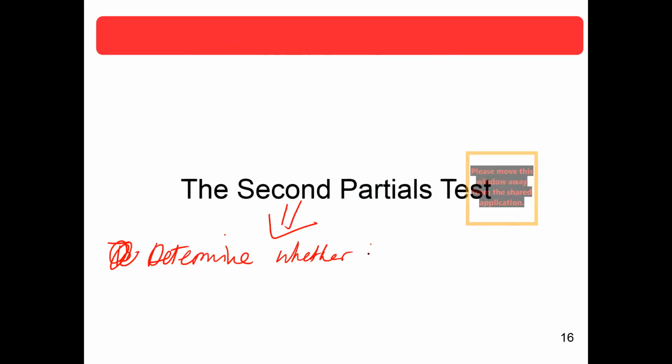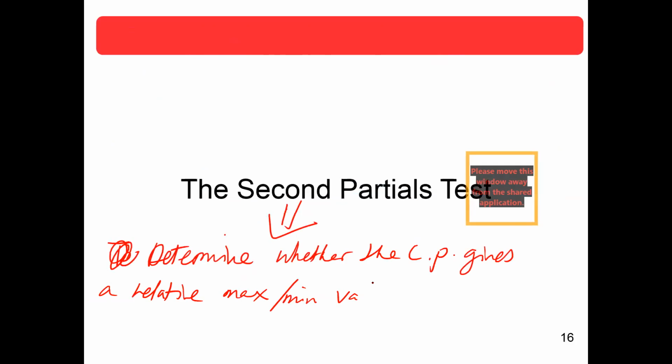So the next part is the second partials test. What this test is used to do is to determine whether the critical points give a relative max or min value.